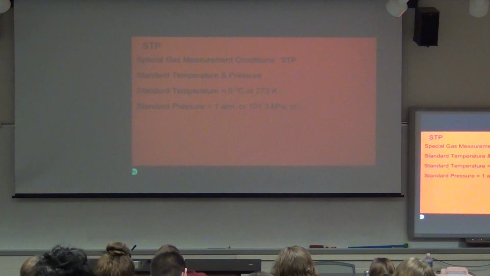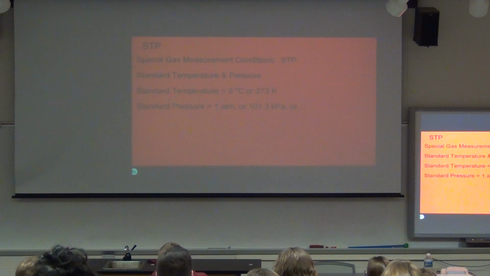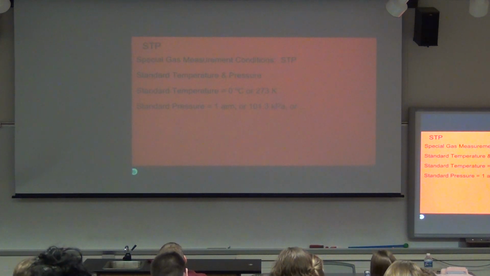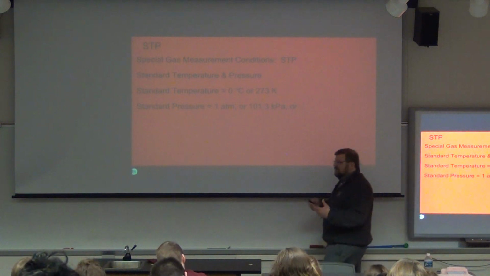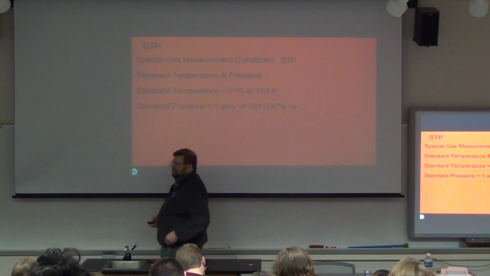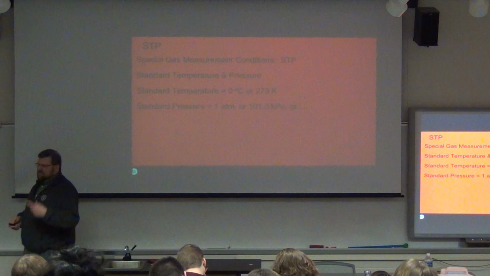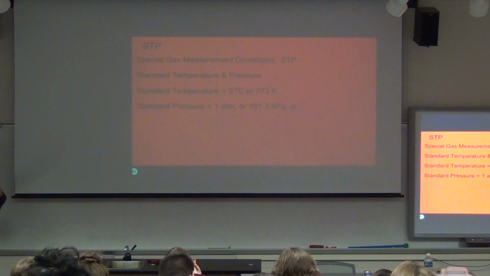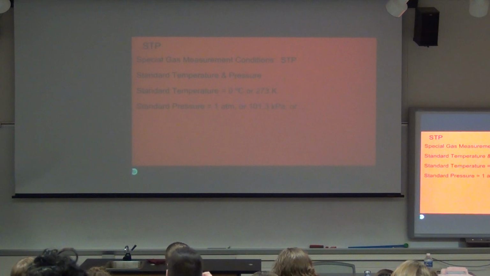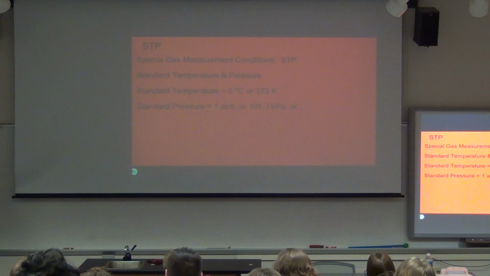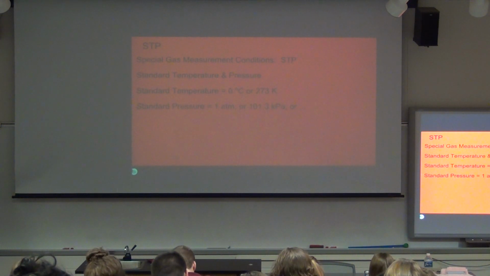Standard pressure is 1 atmosphere of pressure. So it would be 101.3 kilopascals, 14.7 pounds per square inch, 760 torr. Just remember 1 atmosphere, 0 degrees Celsius. Not too hard of numbers to remember. 1 and 0. Don't forget what unit goes with each other.